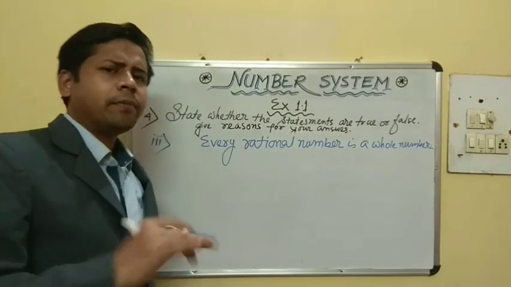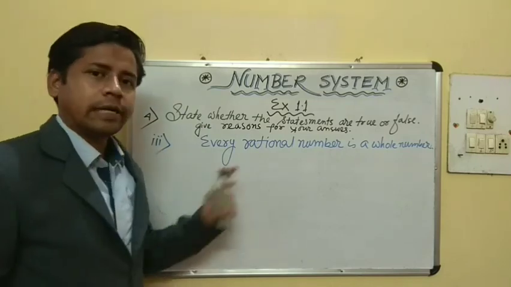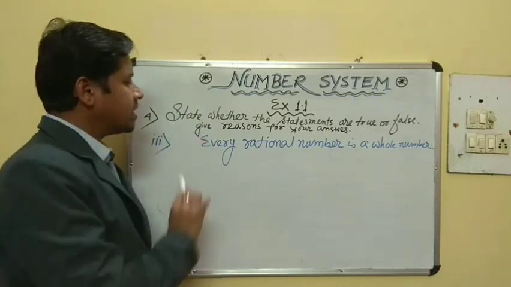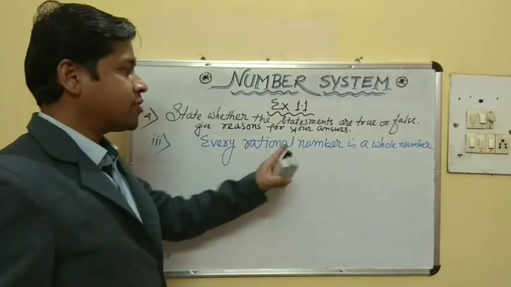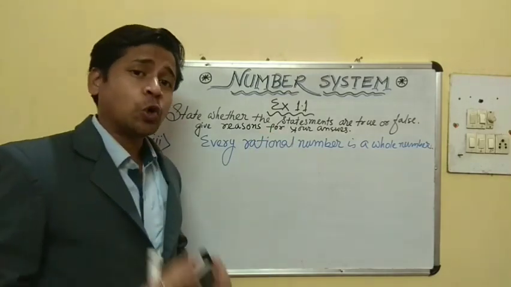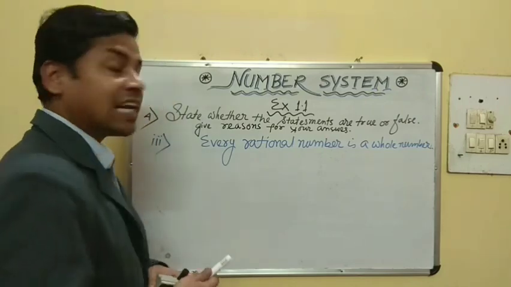Students, now we have come to the third statement. The statement is saying that every rational number is a whole number. Is it right or wrong? First of all, we know the definition of a rational number.